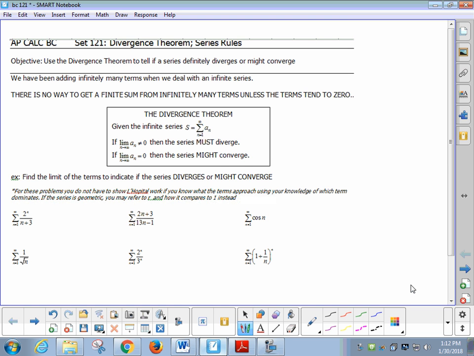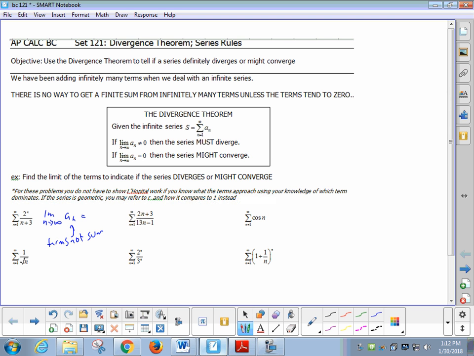The work needs to just look something like this. If I were to take the limit of the terms, again, not the sum, the terms. Now technically that would be, as n gets infinitely large, infinity over infinity, right?